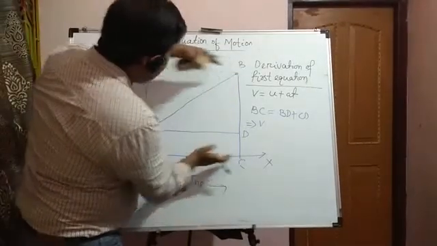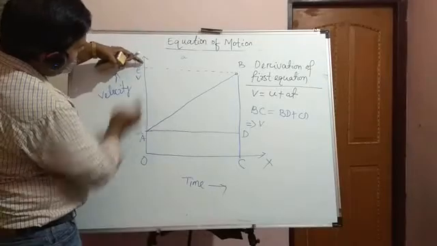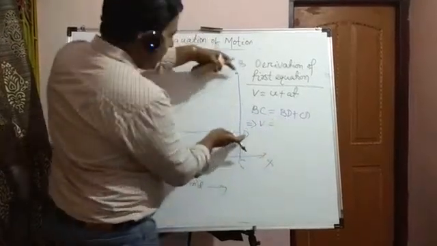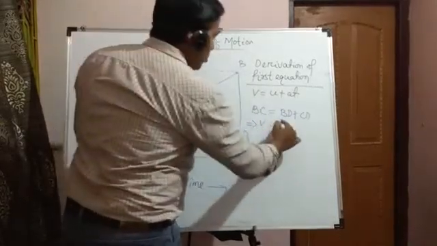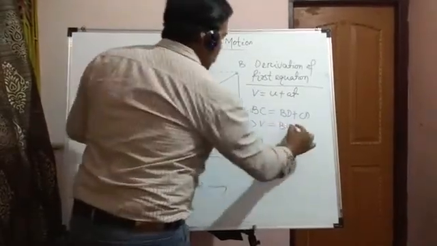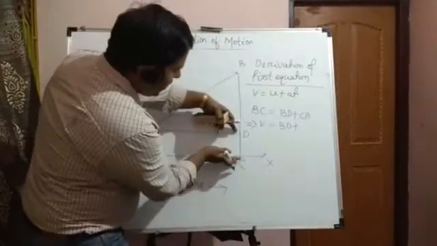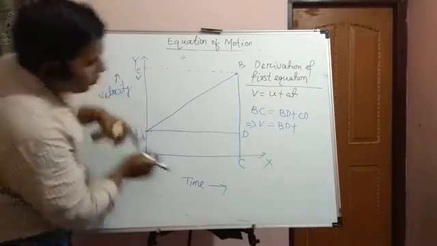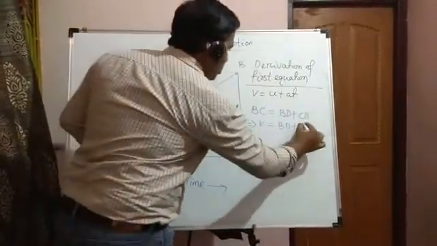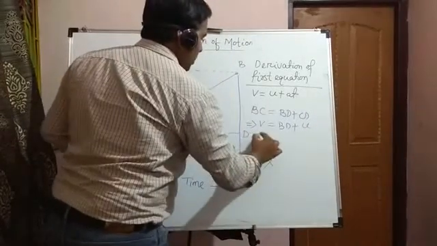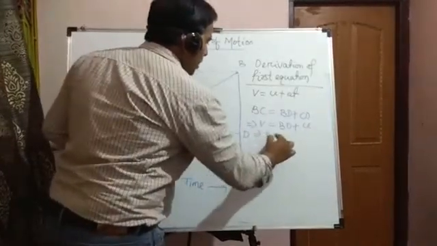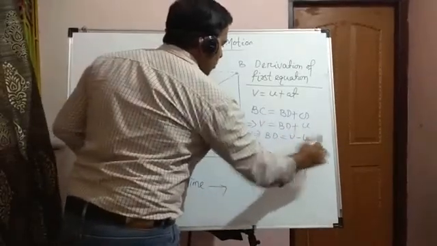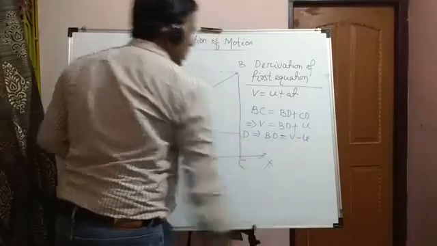The BC length is equal to length OE, and this is the velocity V. It is equal to BD, we don't know the value, BD plus CD, and CD is equal to OA, that is U. CD is equal to U, which implies that, taking U to the left-hand side, BD is equal to V minus U.